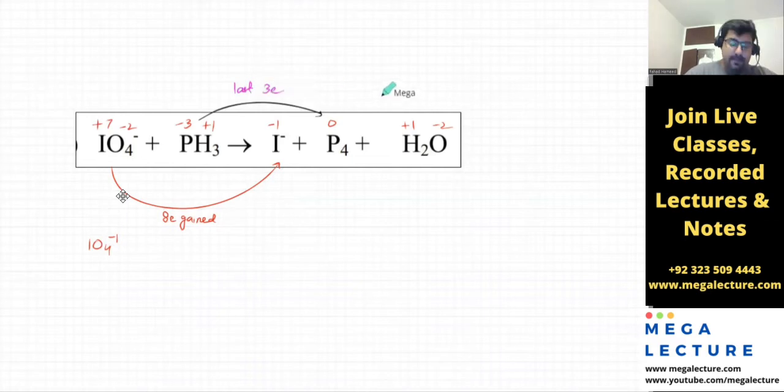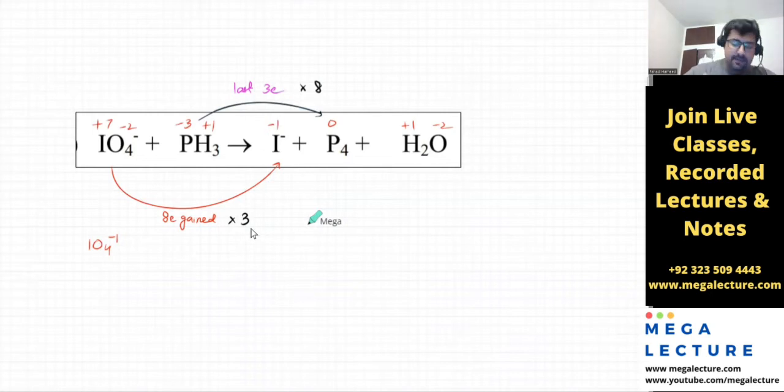So I need to make them equal. I'm going to multiply this by 8 and this other one by 3. I should have 24 electrons gained, 24 electrons lost. So 3 and 8, right?